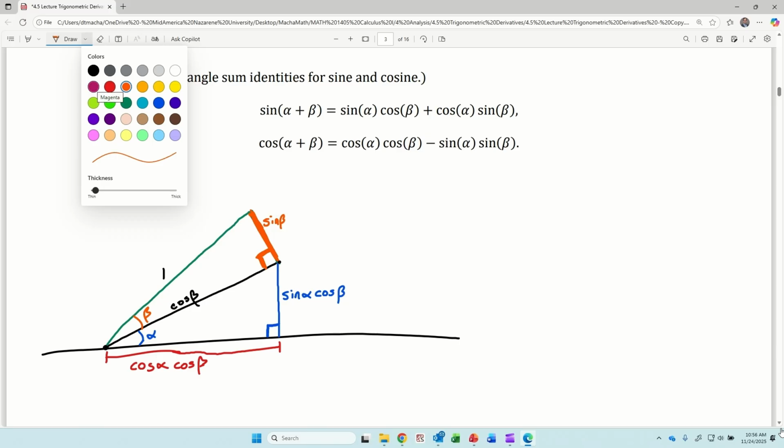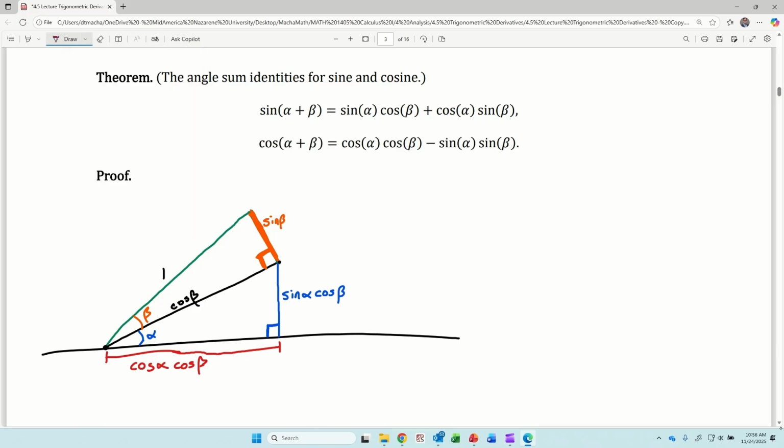Now I'm going to draw another vertical line straight from here, straight down vertically to here, so that I've got another right angle here.